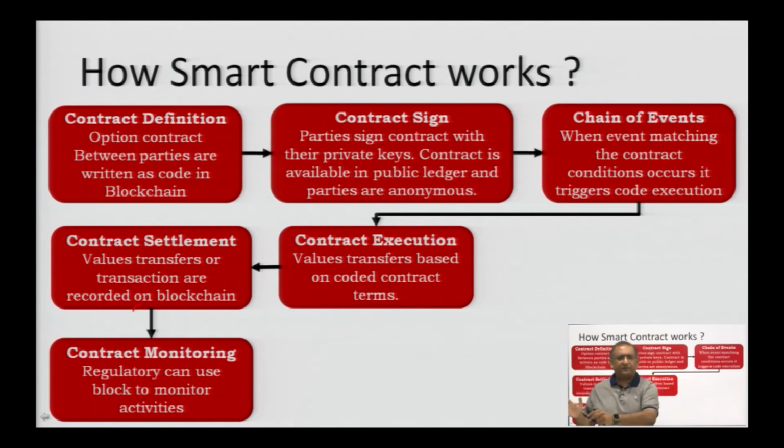Whenever an event happens, the code itself checks whether there is a matching clause. If yes, it executes itself, and if a settlement is needed, it does the settlement, and the transaction is again recorded back onto the blockchain network. And throughout the process, whatever transactions we are writing, the regulator can monitor the smart contracts on the network.